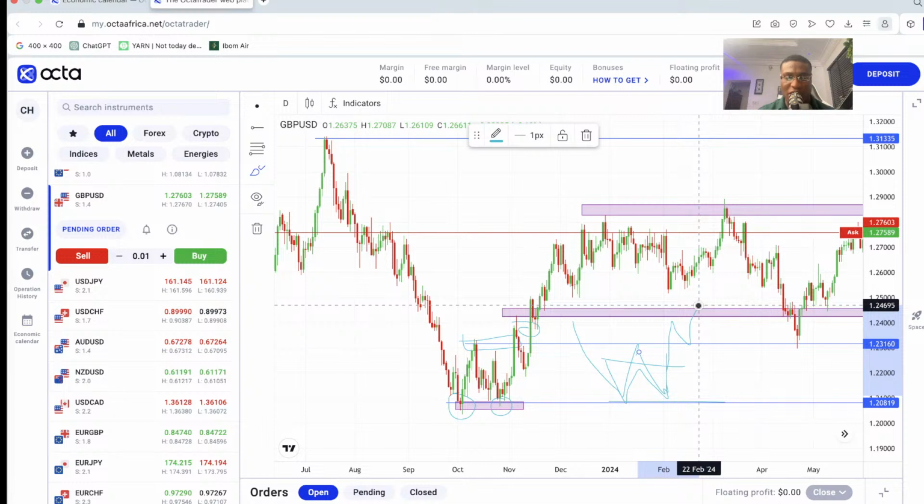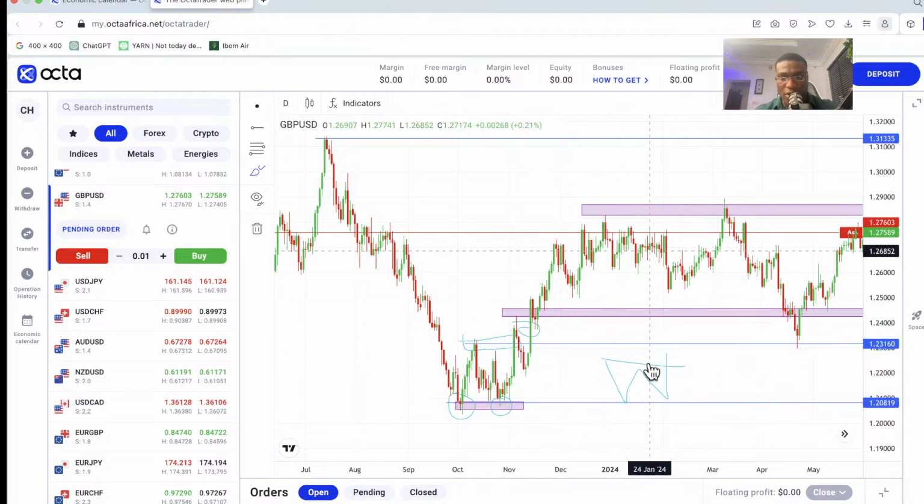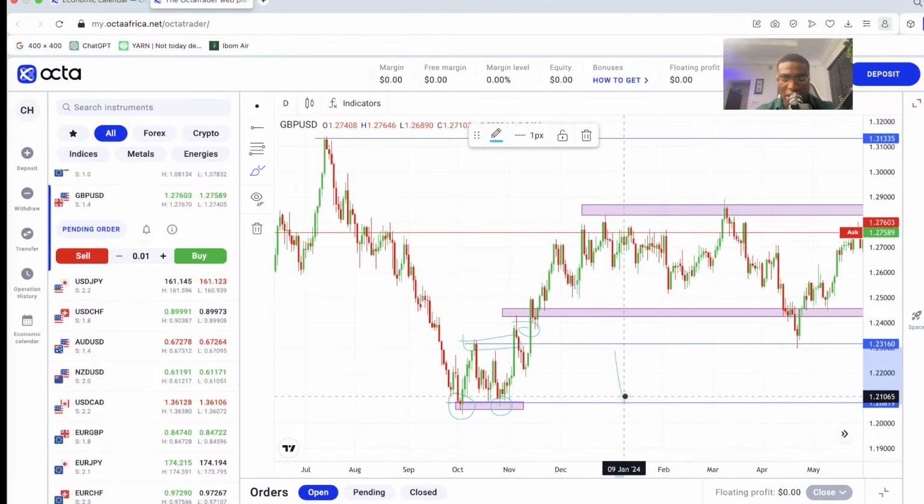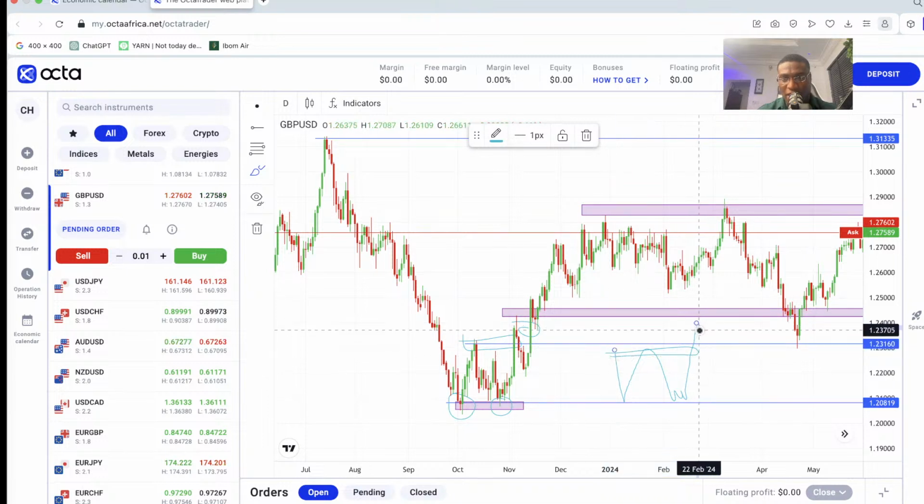So when you're looking at the theoretical aspect of trading, or you're reading a book about trading, it will be drawn like this. But most times, what you'd see is something like this. And then when you have the break out of the neckline, the retest can even go lower.